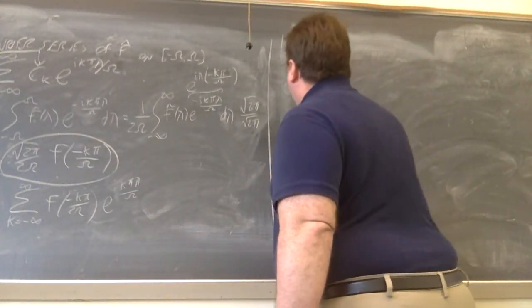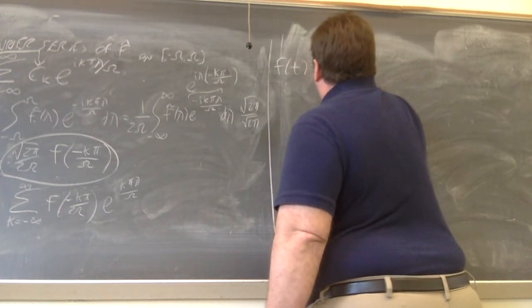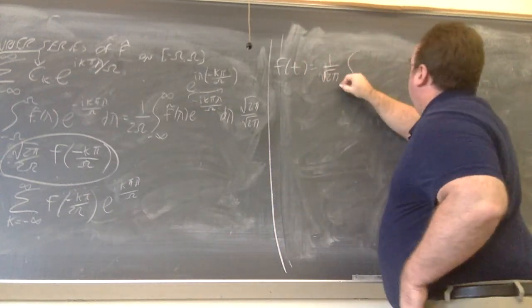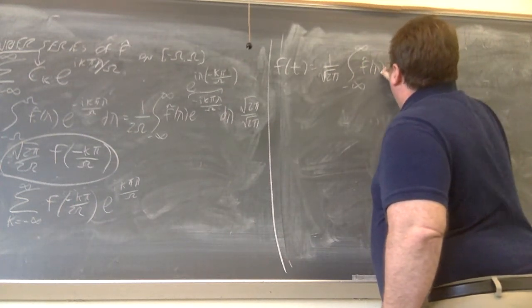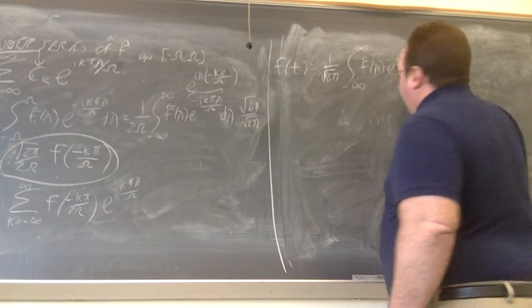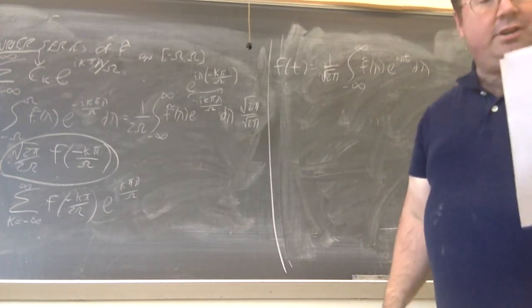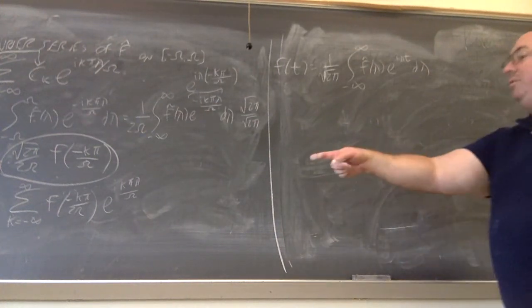So f of t, which is by the Fourier inversion theorem, integral from minus infinity to infinity of f hat of lambda e to the i lambda t d lambda. Do you need a different notation? No, okay. All right. Now, I'm going to substitute this in here.